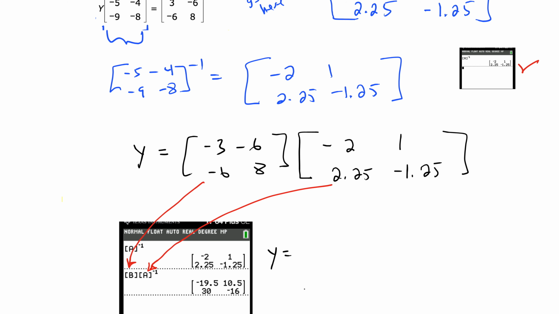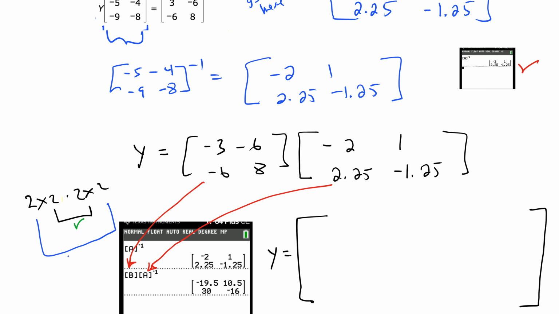now we'll do it by hand. We have a 2 by 2 times a 2 by 2, so we know the answer is going to be a 2 by 2. As long as the inner dimensions are the same, which they are, it's not undefined and you can go forward with the problem.